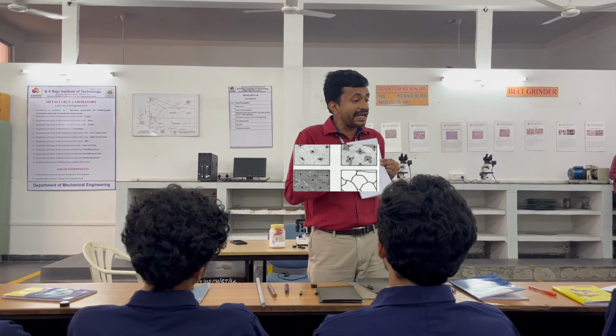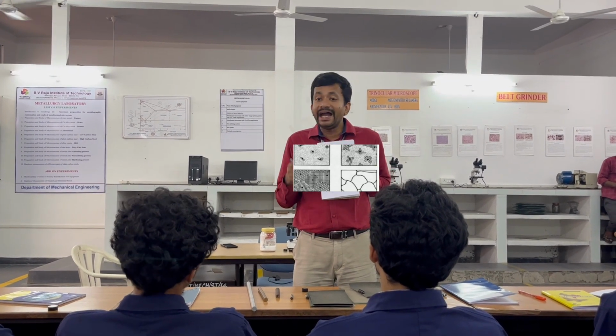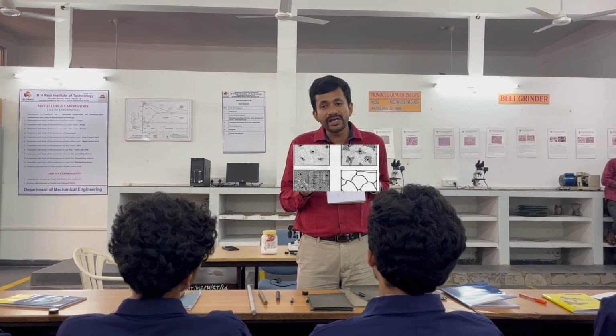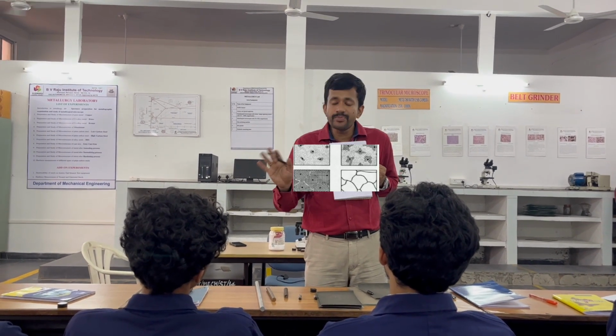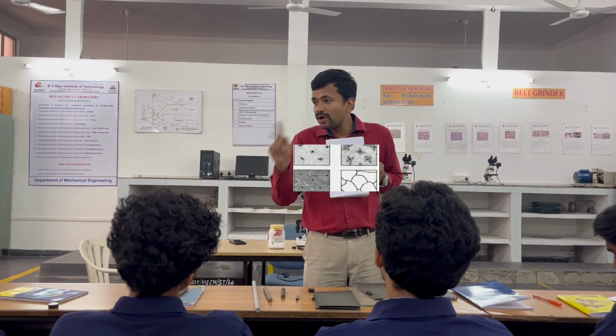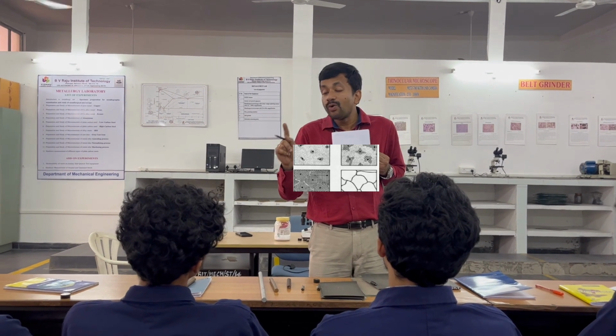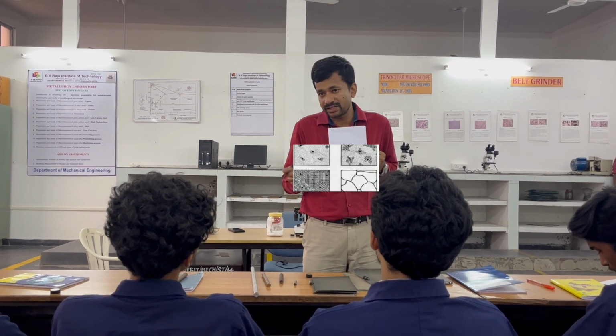So you have many grains separated by a boundary. Okay, and a very important thing to notice here is that all the grains are the same, with the same properties, same composition. The only difference is that the orientations are different. That is why I am hatching it in a different direction.